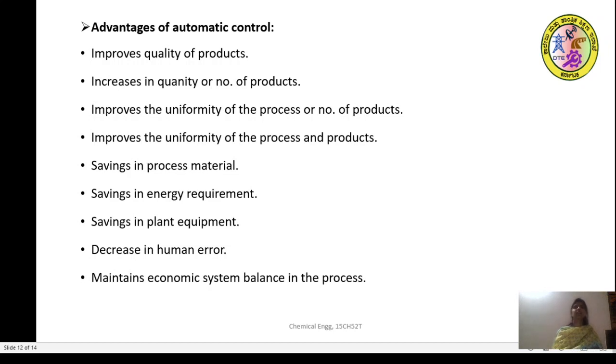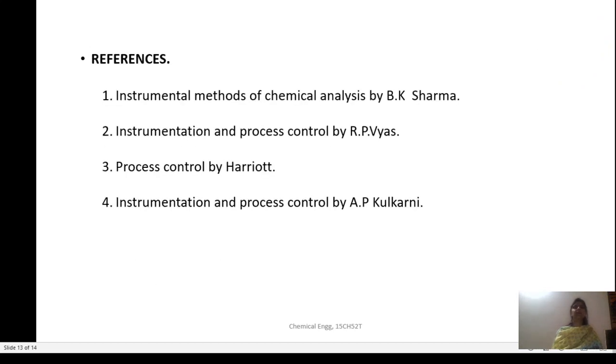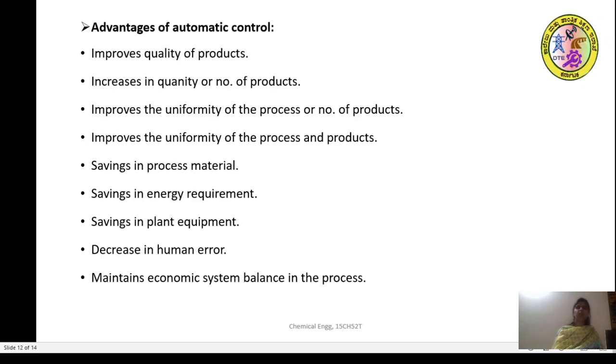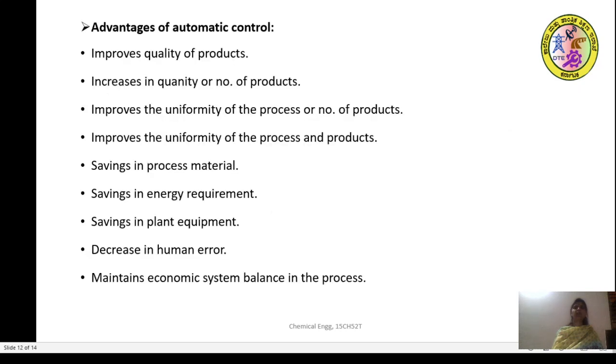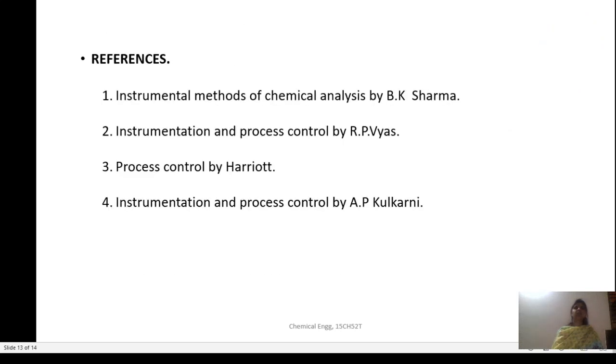So these are the various advantages of automatic control. I hope you have understood various examples of automatic control, what automatic control is, the various elements used in automatic control, and its advantages.